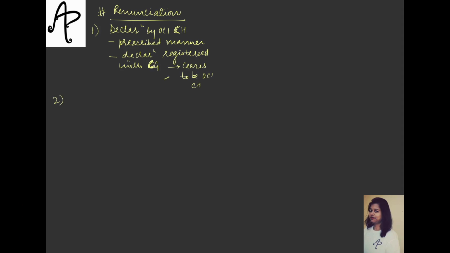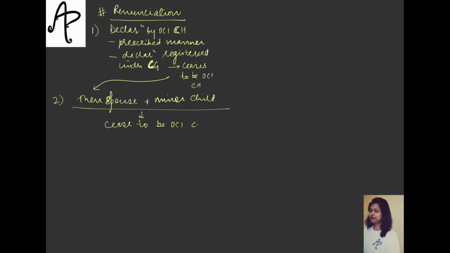If such person ceases to be OCI card holder, then the spouse, if the spouse has acquired OCI card, and if the minor child also has acquired the OCI card, they will also cease to be OCI card holder. Okay, that is renunciation, that you yourself renounce that you don't want to continue as OCI card holder.